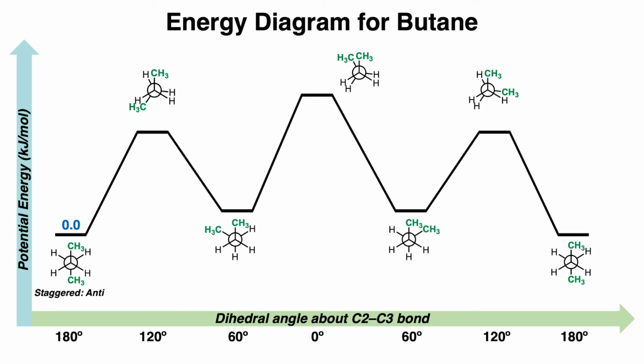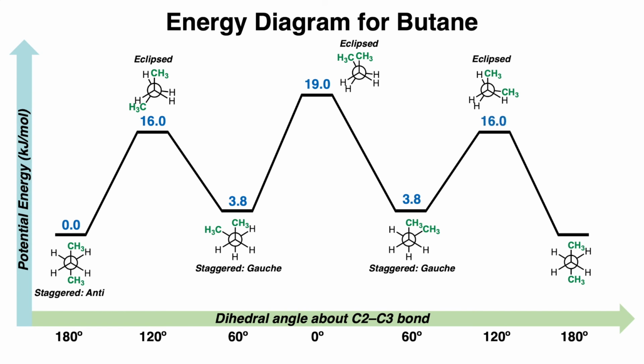As we rotate by 60 degrees at a time, we reach the eclipsed conformation at 16 kilojoules per mole. Then the energy goes down to the staggered gauche conformation at 3.8, then back up to 19 kilojoules per mole to get to the next eclipsed conformer, then back down to the staggered gauche conformation at 3.8 kilojoules per mole, back up to the next eclipsed molecule at 16, and then all the way back down to the staggered anti-conformation at 0 kilojoules per mole.